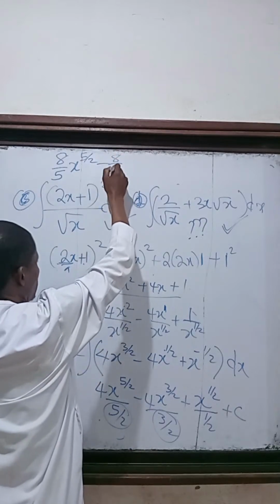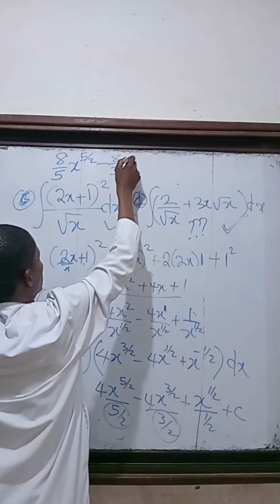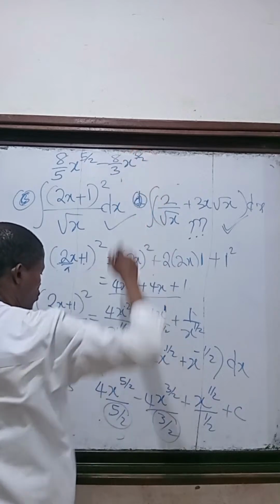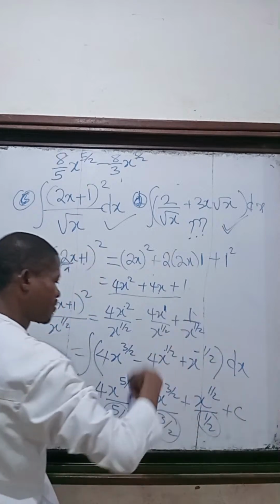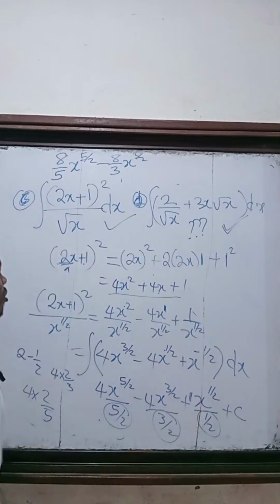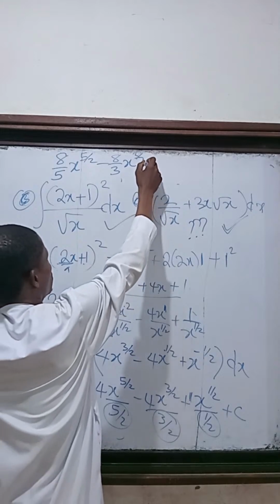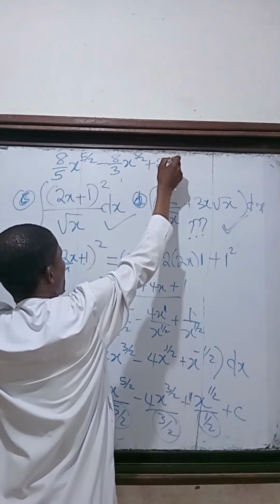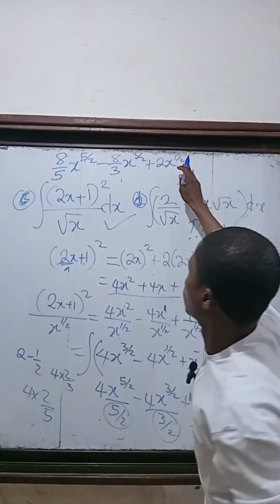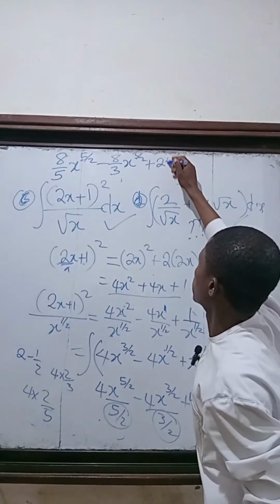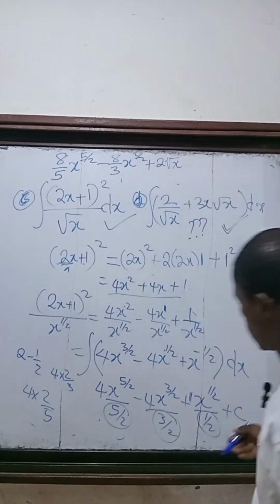That's 8 over 3, and then x to the power 3 over 2. Then this one also over half, it will flip upside down because there's a 1 here. That becomes 2, that will be 2 times x to the power half. Which we can make as what? 2 times root x. The choice is yours.